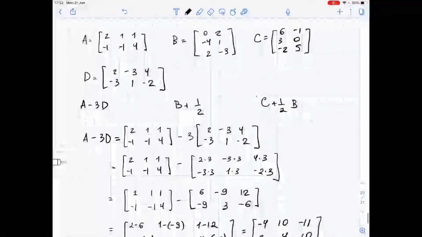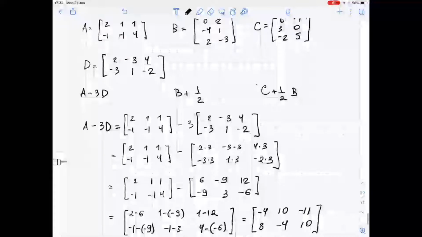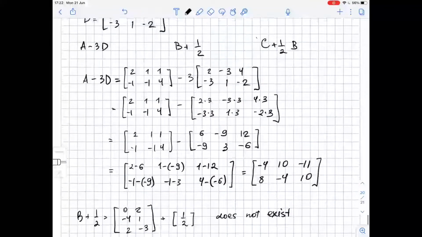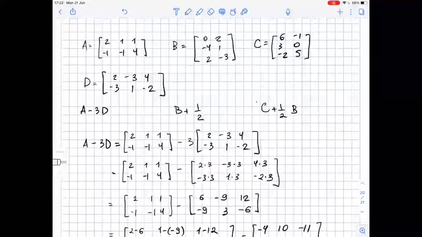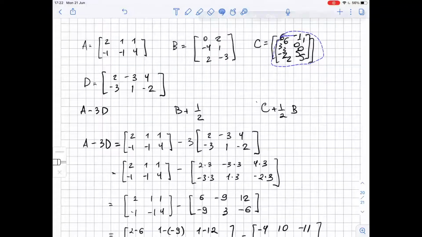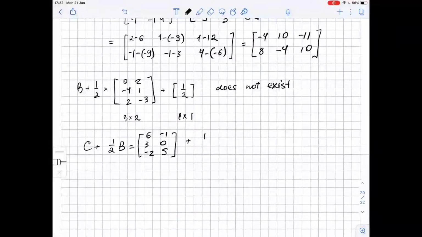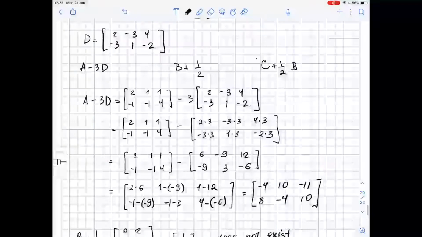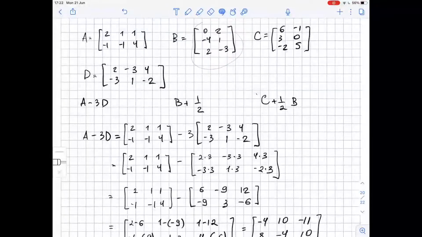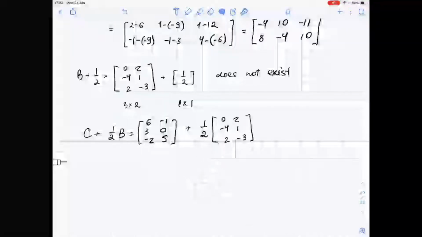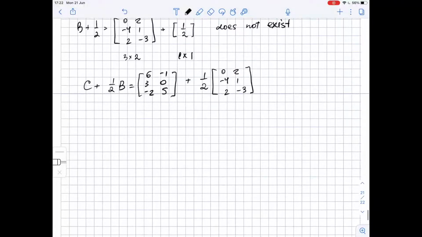Well, and in part 3, we need to find C plus 1 over 2 B. To do so, we need to copy paste matrix C plus 1 over 2, and now we will copy paste matrix B. Well, so first we will multiply by the scalar.